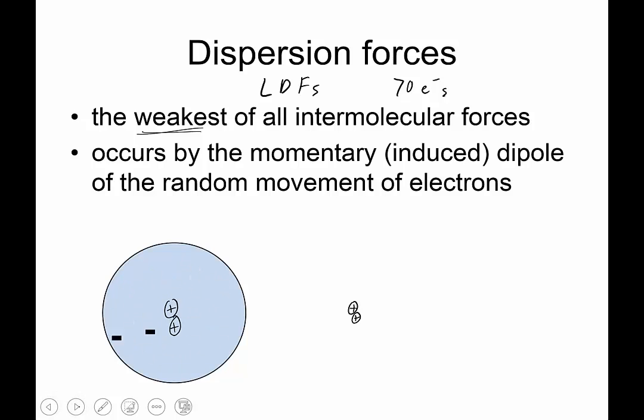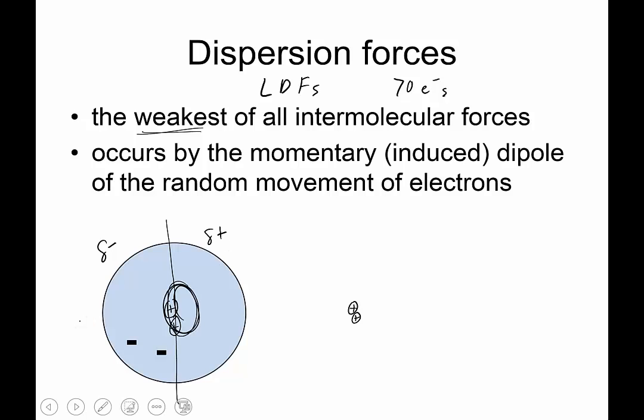And what happens is sometimes, if you were to take a snapshot, sometimes you'll find all these electrons arranged on one side of the molecule, and what it does is it exposes these protons on the other side. So within the molecule, you get a slight negative side and a slight positive side.